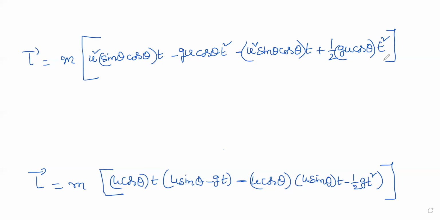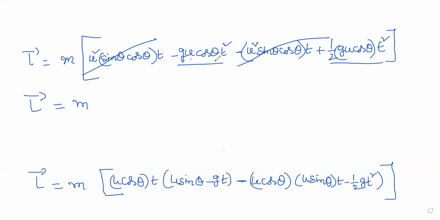So I slowly multiply the things and then let's check this. Now this term and this term are the same, equal and opposite, so they cancel out. Look at these two terms. L bar I can write as m.